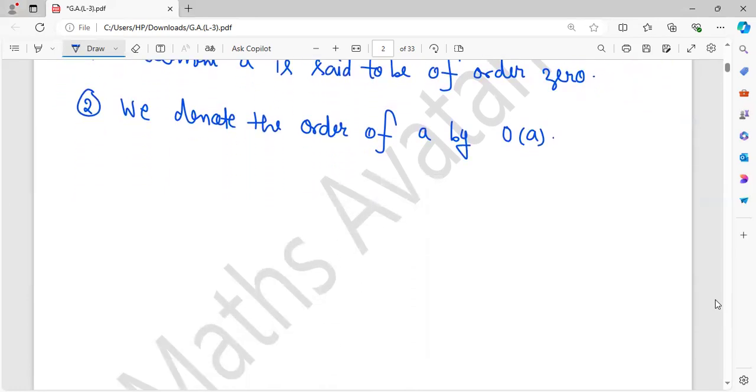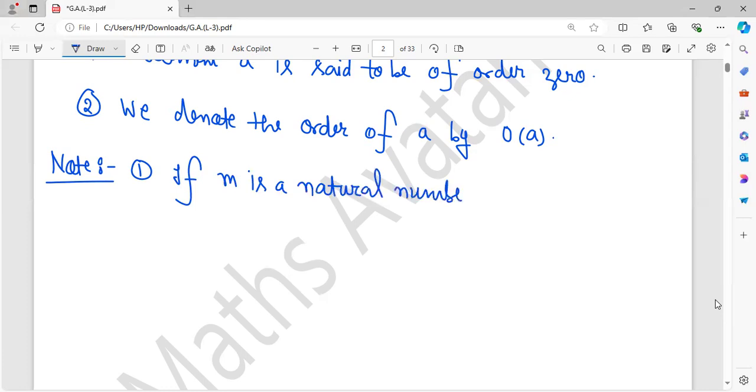Third one is that, note, if m is a natural number such that a to the power m is equal to e, then the order of a always divides m.